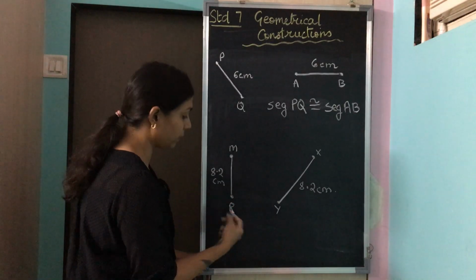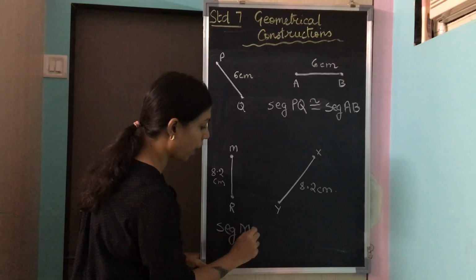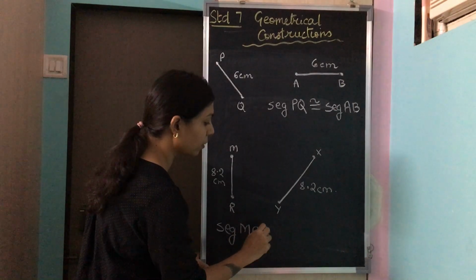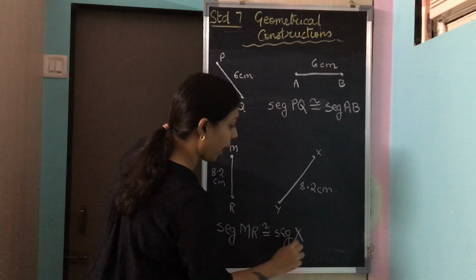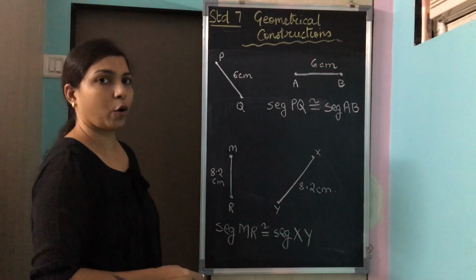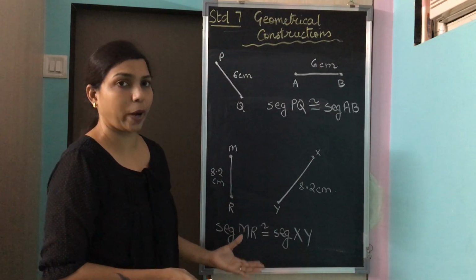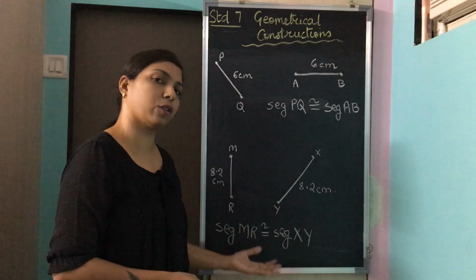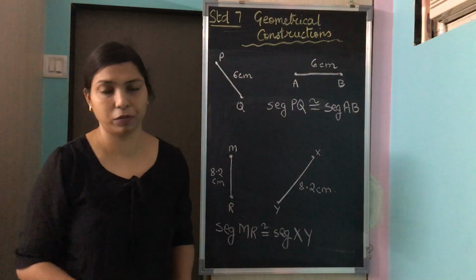So we will write the statement: segment MR is congruent to segment XY. Okay, so this is how we write in words whether or not the given segments are congruent to each other. Please copy this down and then we'll continue further.